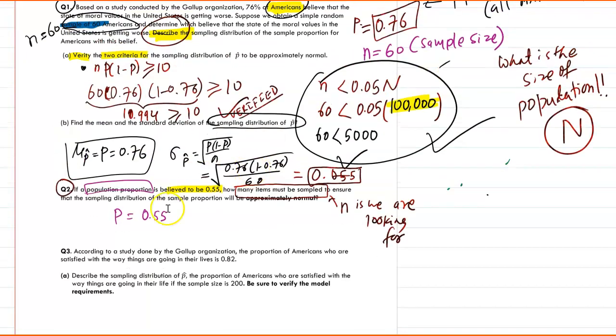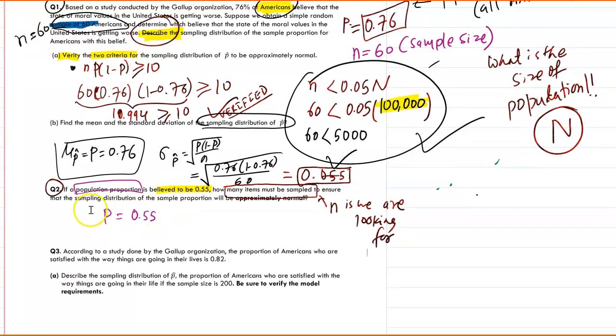In this question we have to find lowercase n if you know lowercase p. Notice that it says how many items must be sampled to ensure, to make sure, that the sampling distribution of the sample proportion is approximately normal.